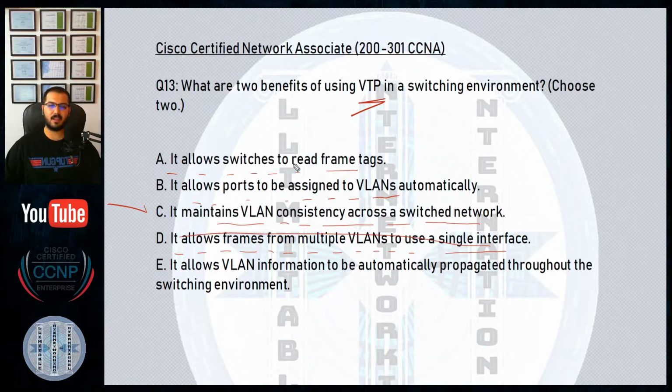This is a trunking thing, not VTP. D, it allows VLAN information to be automatically propagated throughout the switching environment, and this is what VTP is all about. VLAN information, you will add it by yourself manually to a master switch or a VTP server switch, and it will automatically be propagated to all the switches in the network, so that all of them will know about the new VLANs and welcome them to their VLAN table.